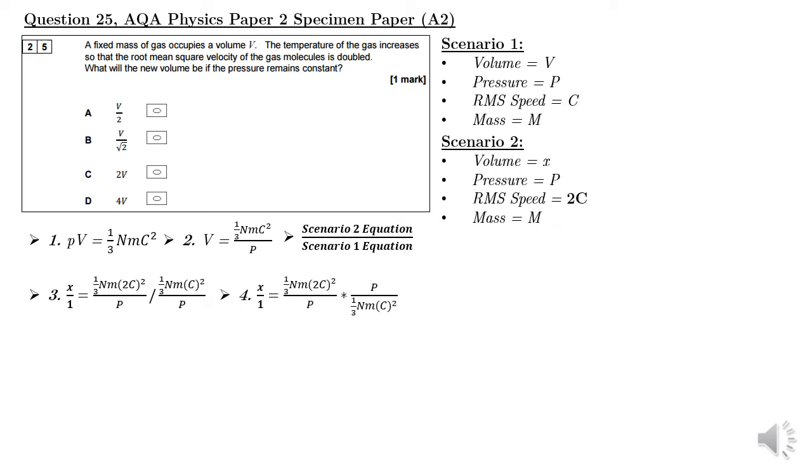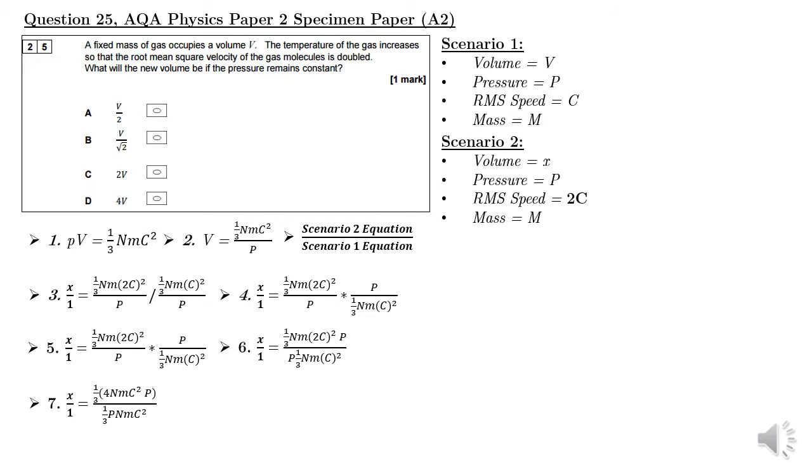We can use the keep, flip, change rule to make this into one fraction. So we keep one fraction, we change the divide sign into a multiply sign, and we flip the fraction. And that gives us x over 1 equals a third N m brackets 2c squared times pressure over pressure a third N m c squared.